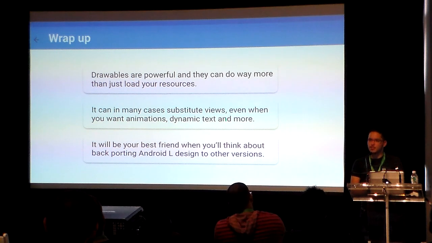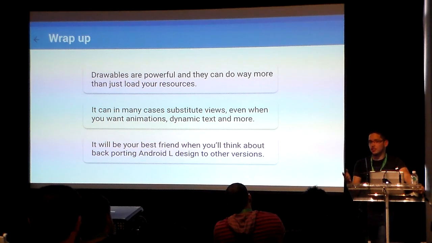If you take a look at the City Motier presentation, I didn't put it in mine because he already talked about it, but instead of having nested views, layouts and relative layouts and linear layouts on your view, you can simply have a shape drawable with your image, right?